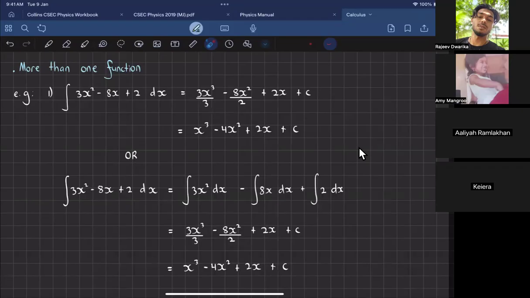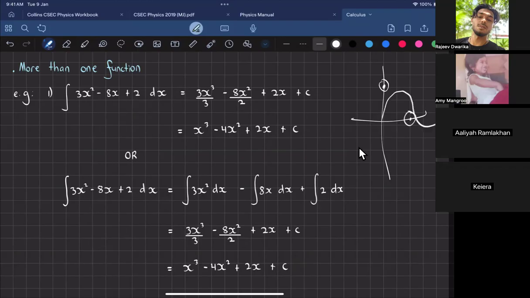Which point is in the first quadrant? 0, 8 or 4, 0? 0, 8, that one wouldn't work. 4, 0 would work because imagine you have a curve like that.